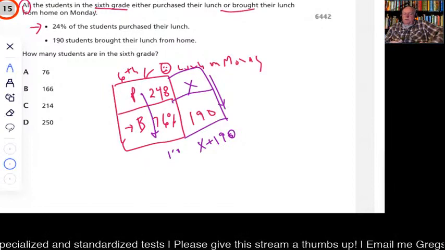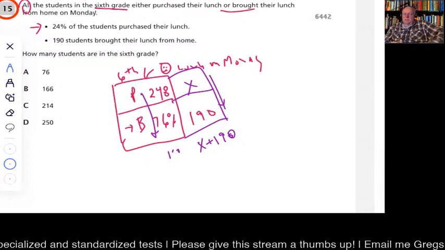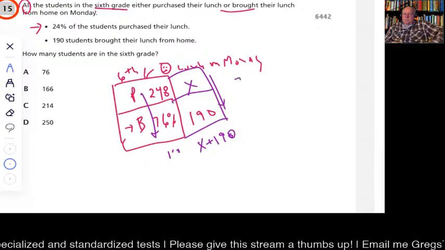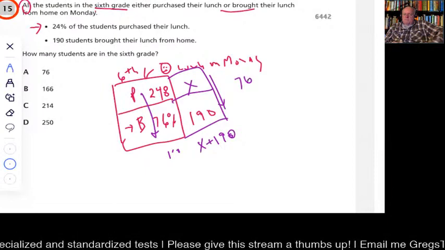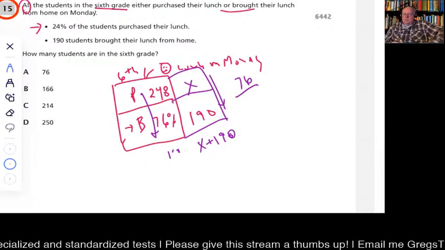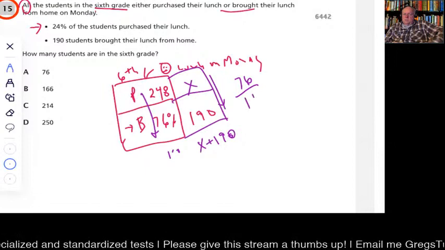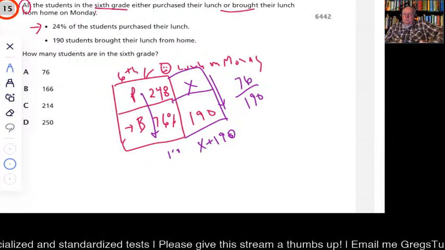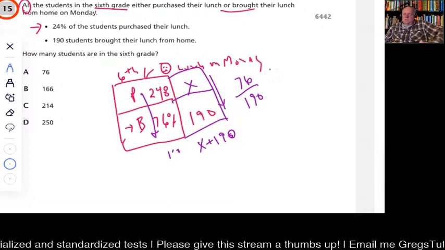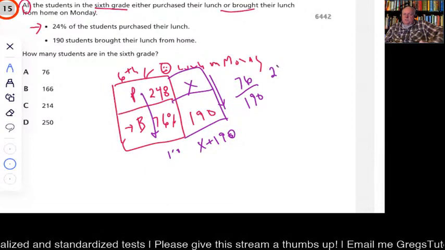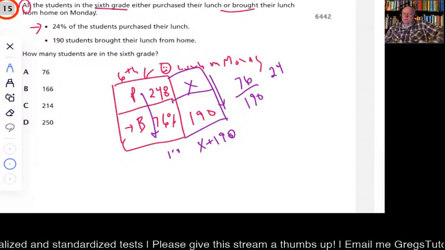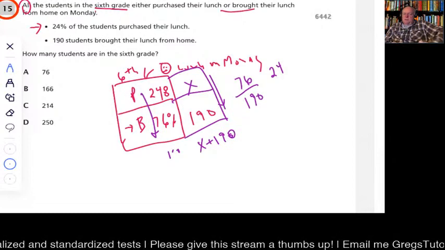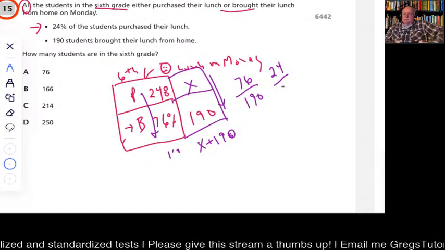But we know the ratio, that 76% represented 190 students. Okay? So then that means 24% of the same total, whatever that total happens to be, is X students.